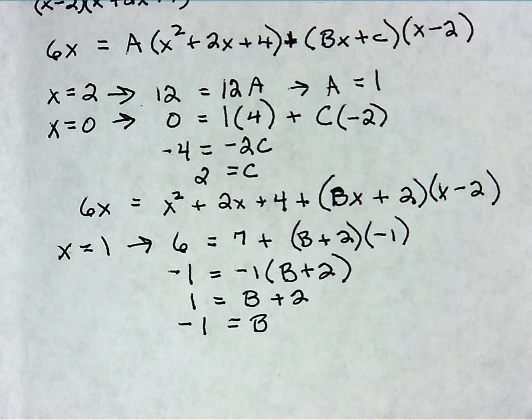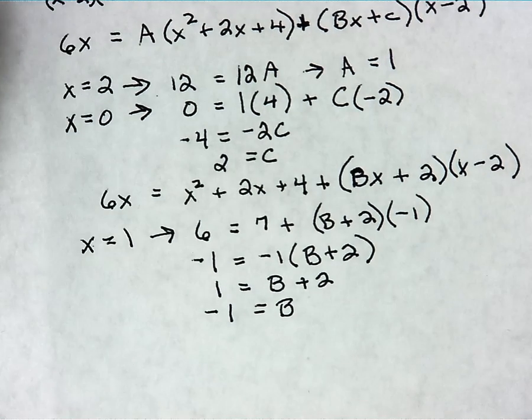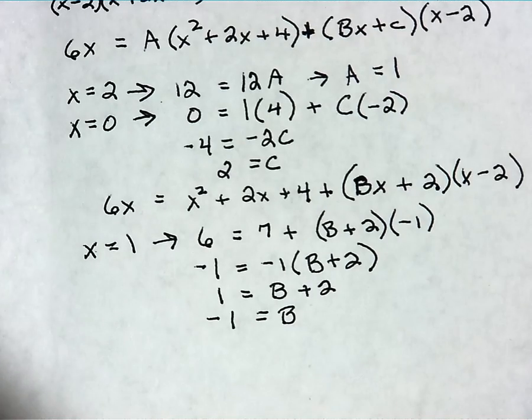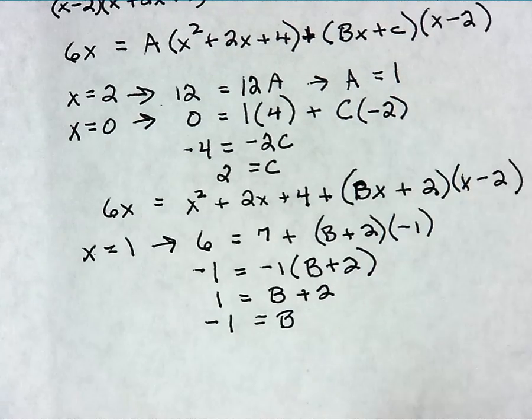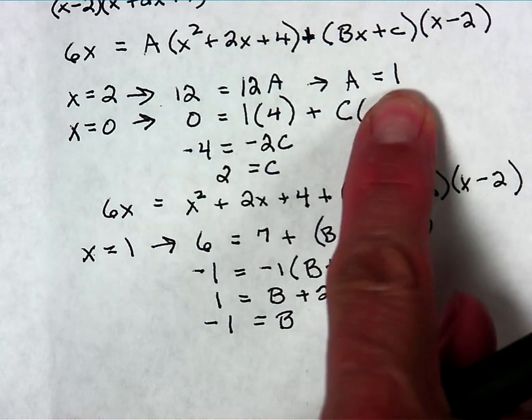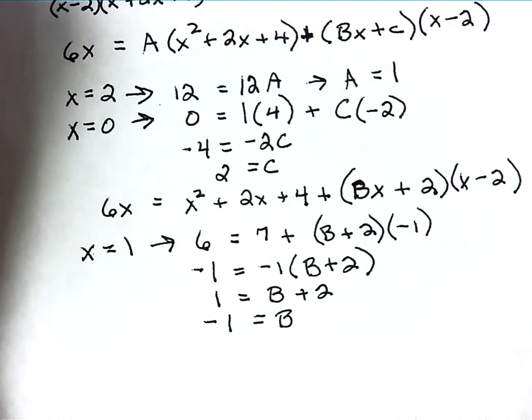Now we know what A, B, and C are. We can go back to the left-hand side of our paper and write that original integrand as A, which is 1, over X minus 2.